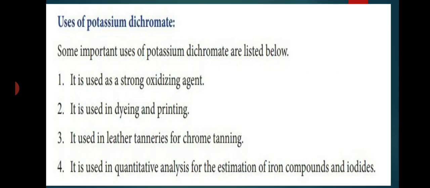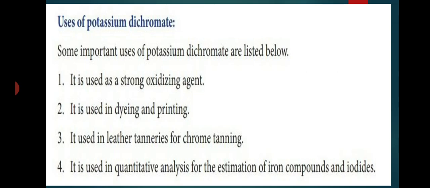Then uses of potassium dichromate. It is used as a strong oxidizing agent. It is used in dyeing and printing. And it is used in leather tanneries for chrome tanning. Then it is used in quantitative analysis for the estimation of iron compounds. There are two types of analysis, qualitative and quantitative.